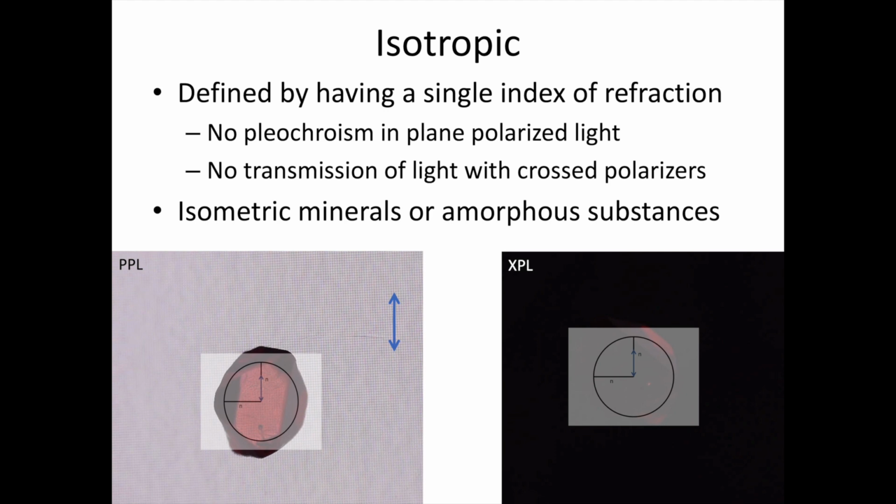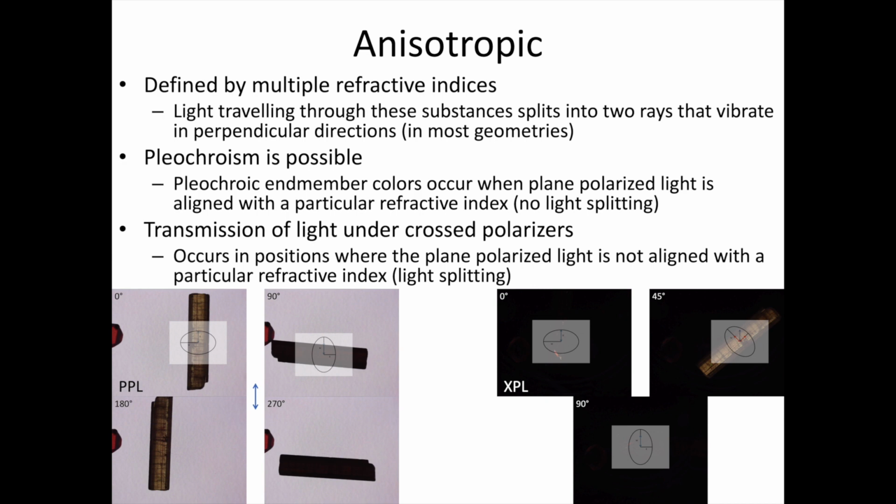Our anisotropic substances are much more complicated with their interactions with light. Anisotropic materials can exhibit pleochroism when viewed in plane polarized light, however do not necessarily have to. These substances will, however, show the extinction and transmission of light with crossed polarizers, except for one or two directions through these materials that actually behave as isotropic substances do.